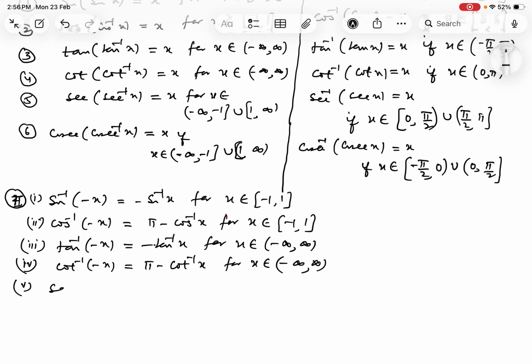Secant inverse of minus x is equal to pi minus secant inverse x for x belonging to minus infinity to minus 1 union 1 to infinity.